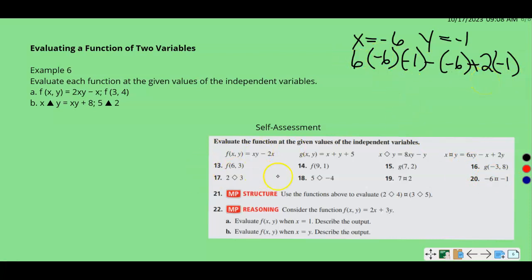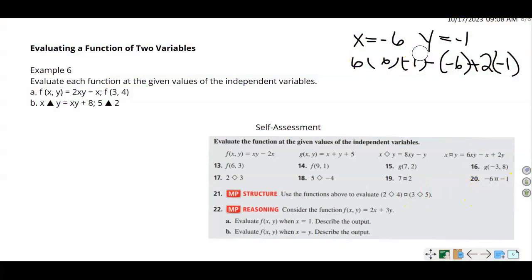Each of these are done the same way. Again, just choose the correct function, and it gives you your x and y to plug into that function to evaluate. All right, 21. Math practice structure. Use the functions above to evaluate 2 diamond 4, and then this symbol here, and then 3 diamond 5. So we're actually doing 3 different operations here.